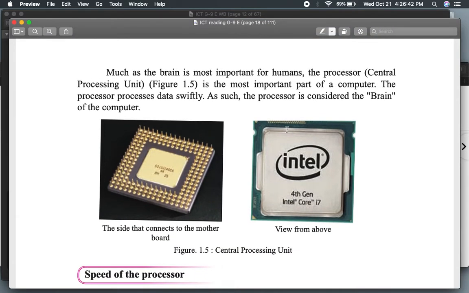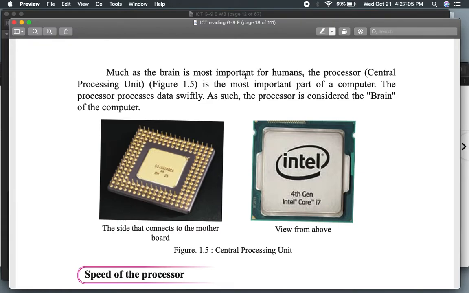As we move on to the next page, it says, much as the brain is most important for humans, the processor, Central Processing Unit, or CPU for short, is the most important part of a computer. The processor processes data swiftly.